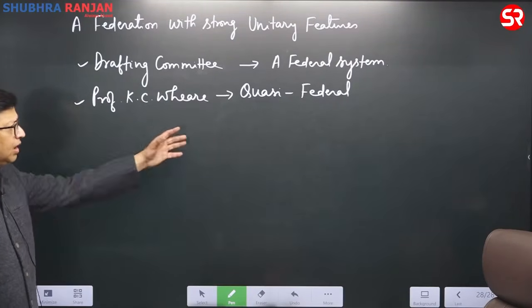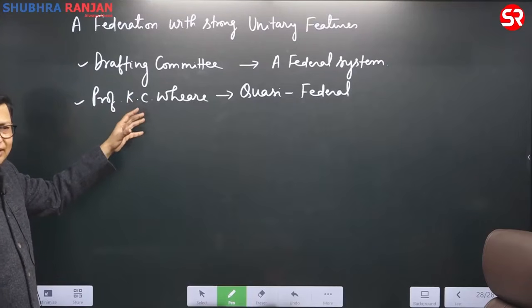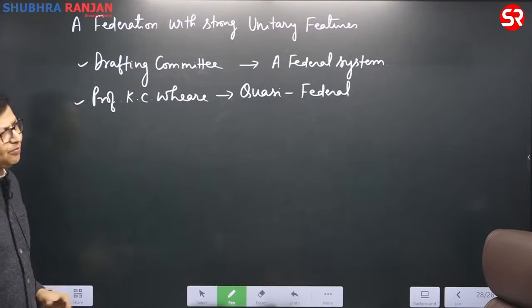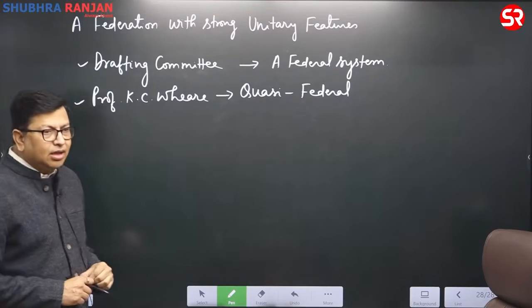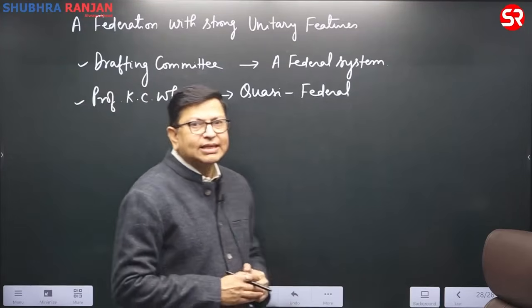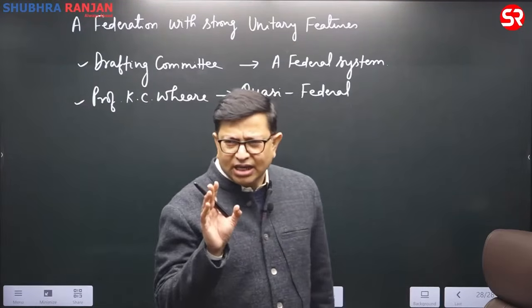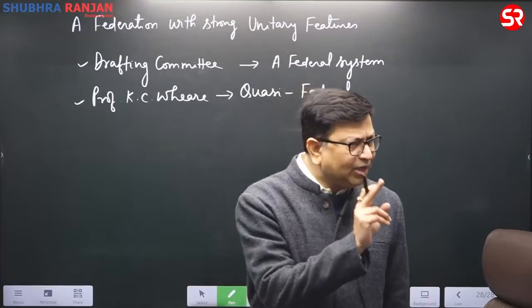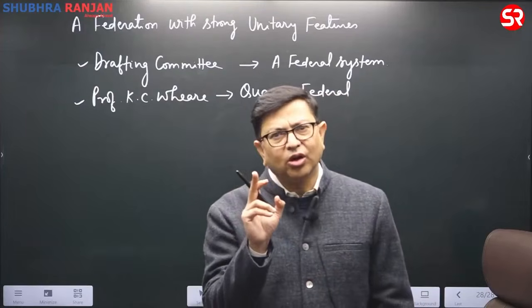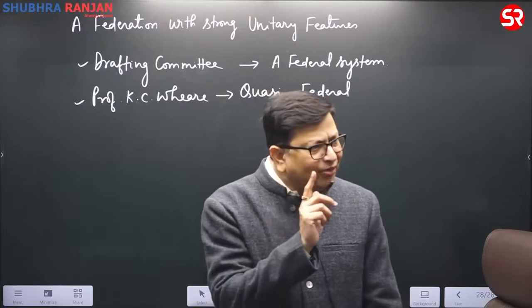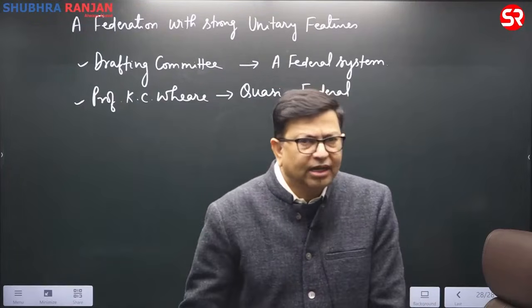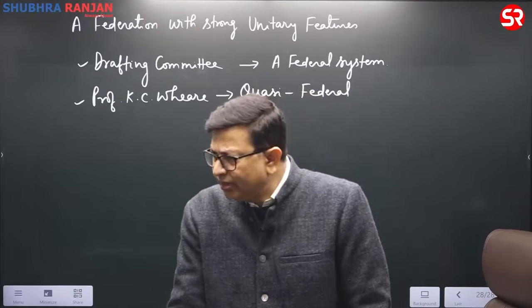Now, what they said, they did not say it is a different thing. But in social sciences, the views are not wrong. The facts may be wrong. The views are not wrong. We will have to understand the context in which the views are given.